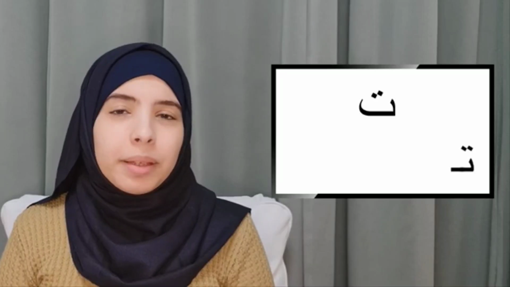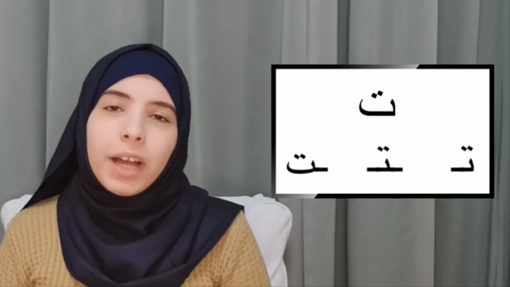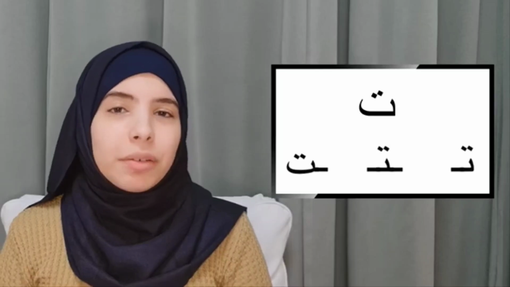Just like ba, ta has 4 shapes. An isolated shape, an initial shape, a medial shape, and a final shape. Watch carefully and try to imitate.